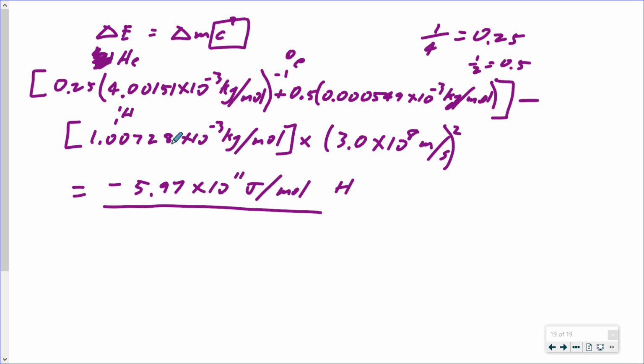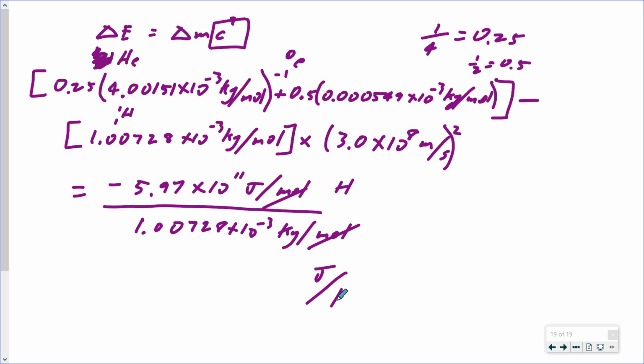That number is just the one up above here, 1.00728 times 10 to the negative 3 kilograms per mole. Just like with the previous calculation, moles cancel out, and we're going to end up with joules per kilogram. So this is where we're now going to see the big difference. This works out to 5.93 times 10 to the 14.